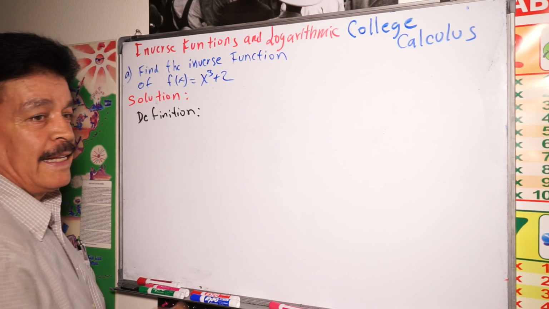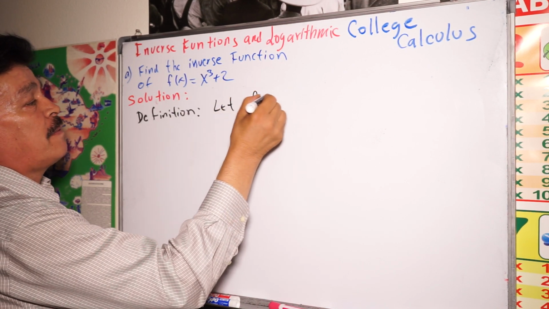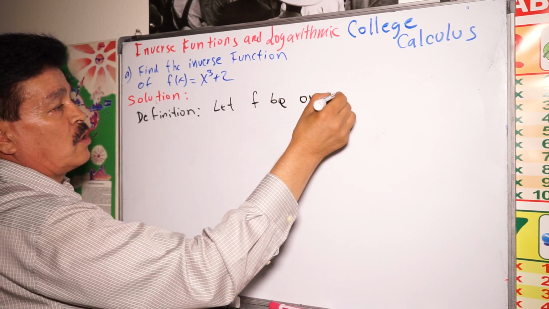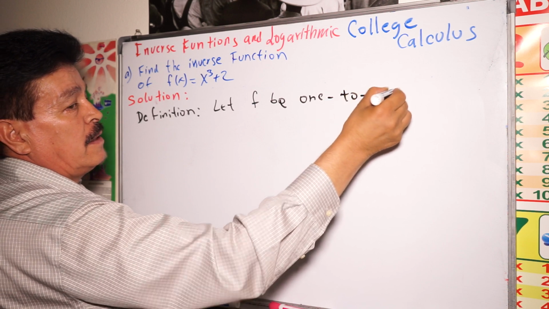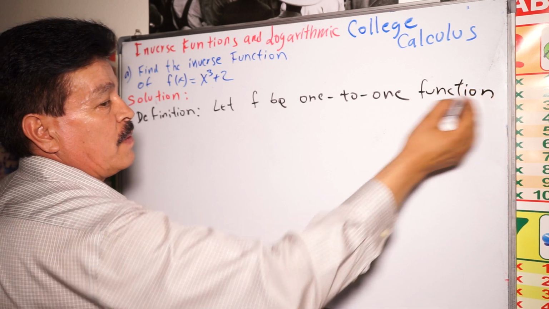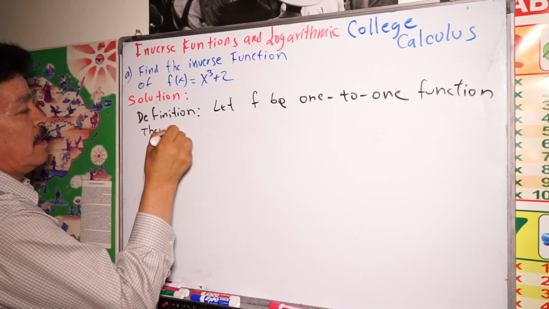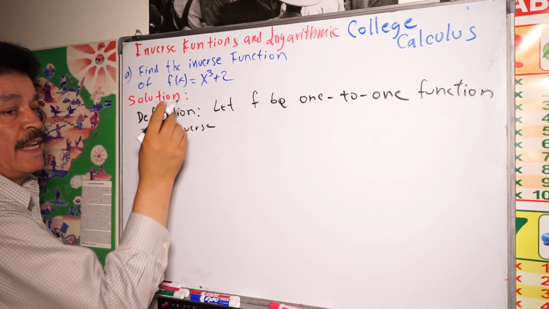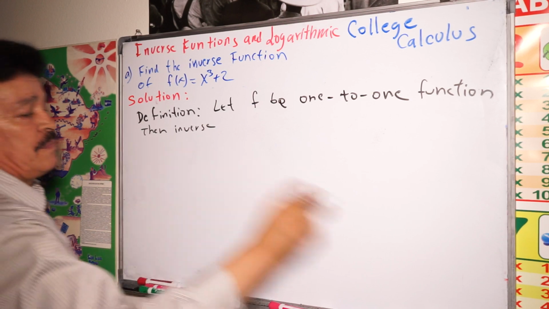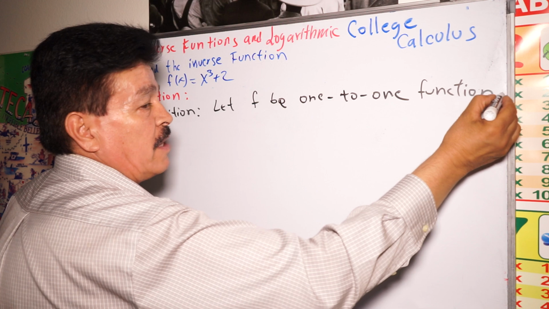All right, so let f be a 1 to 1 function, then it has an inverse function.